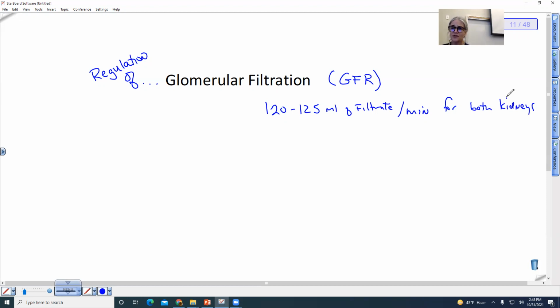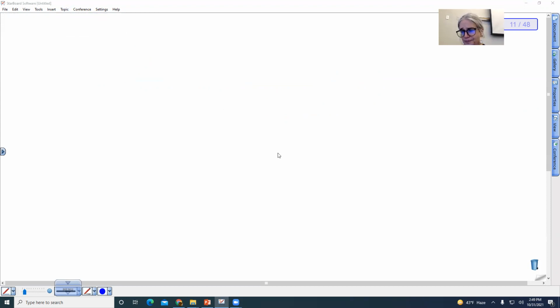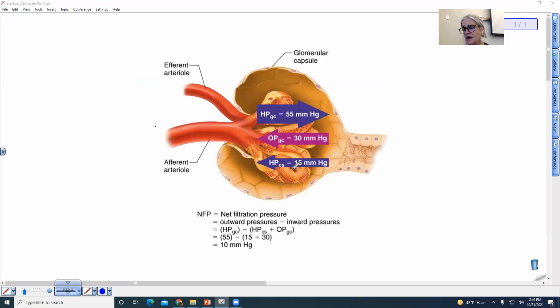So when we look at this filtration rate, you'll remember that I talked about how there are certain things that are responsible for pushing fluid out and sucking fluid in. There is a diagram in your book that shows something that looks like this.